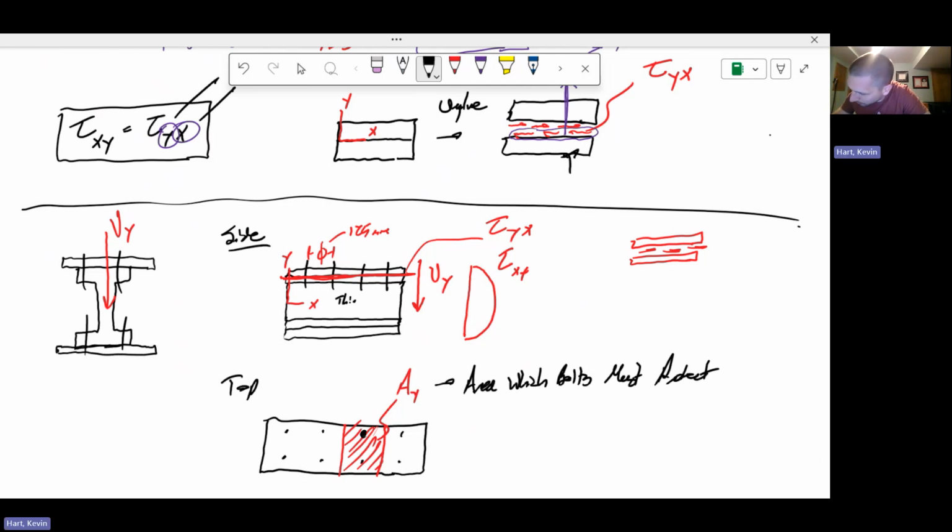So this bolt and this bolt are responsible for making sure that that section of the beam does not break. This section of the beam has shear tau yx acting on it.